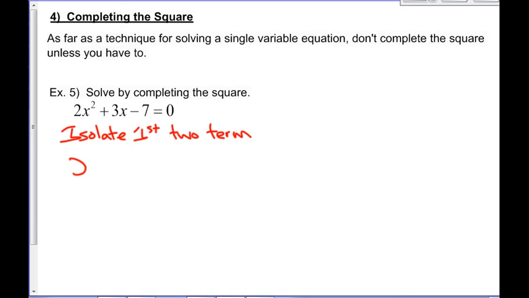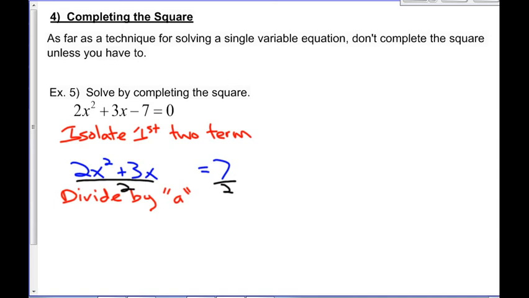So that's going to give us 2x squared plus 3x equals 7. And now we're going to divide both sides by a. In this case, that would be 2. So if I divide this whole side by 2 and this whole side by 2, here's what I'm left with. X squared plus 3 over 2x equals 7 over 2.